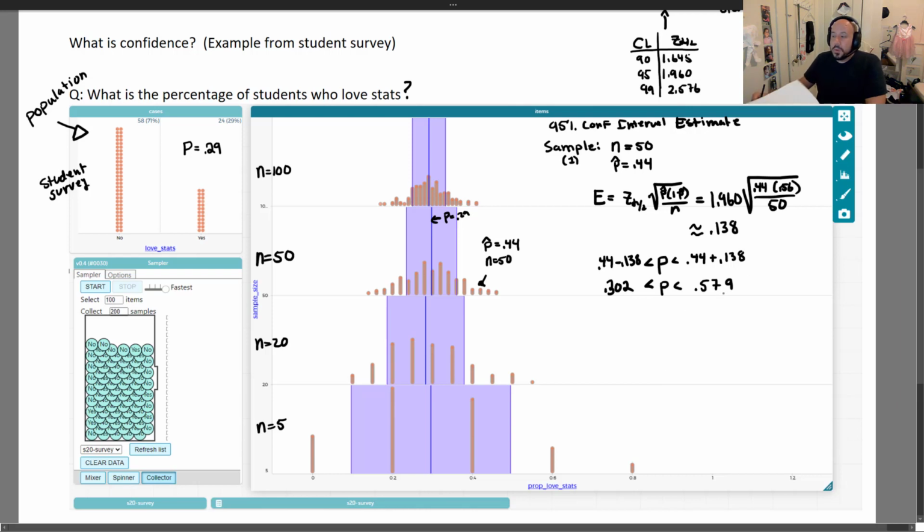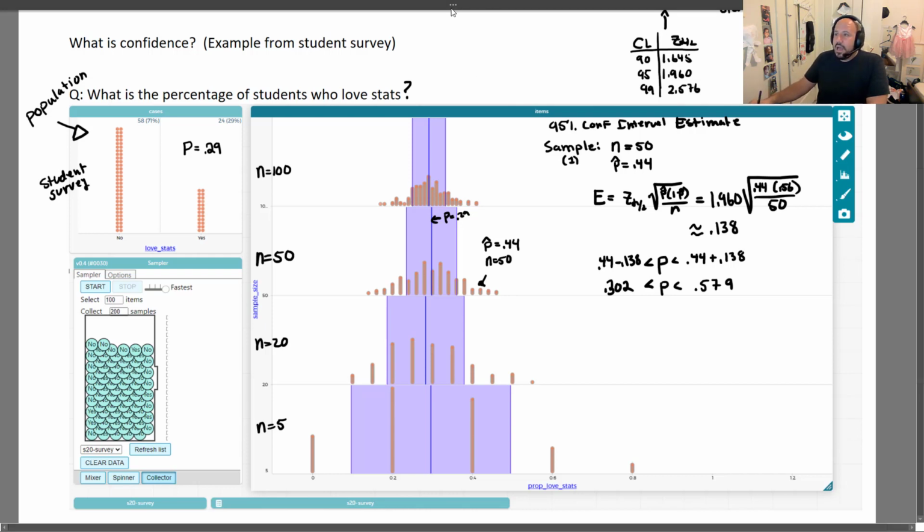So this is the prediction that we would make, once again, if we had this particular sample sitting in front of us. If we did a survey of 50 students at random, and it turned out that 44% of students love stats, this is the kind of estimate that we would make for the percentage of students who love stats in that population.